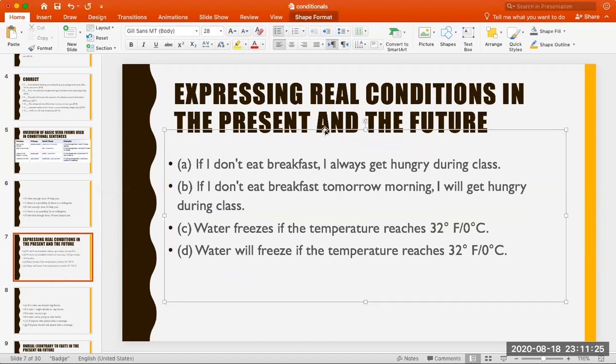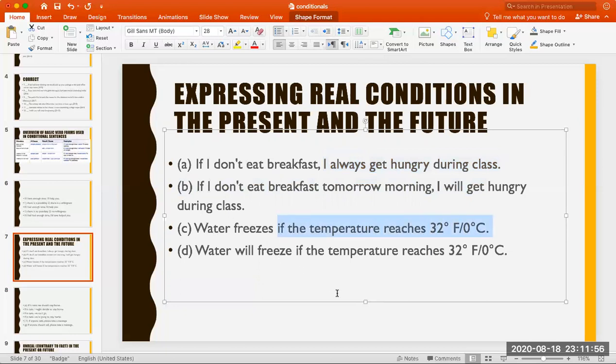Again, we go to expressing real conditions in the present and the future. If I don't eat breakfast, look at the present simple, I always get hungry. Sometimes, if this expresses a fact, you don't have to use will or can. I always get hungry as a fact. If I don't eat breakfast tomorrow, I will get hungry. Water freezes. Because this is a scientific fact, you don't have to use will.